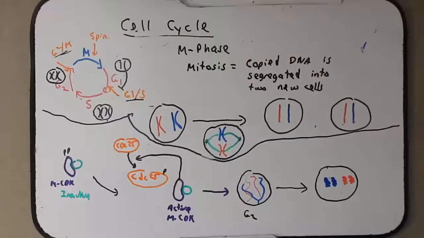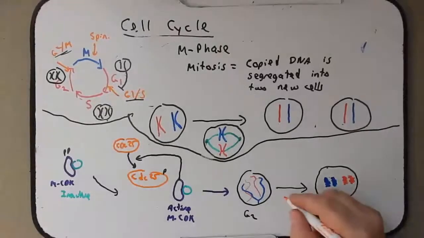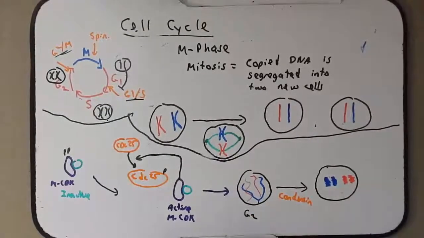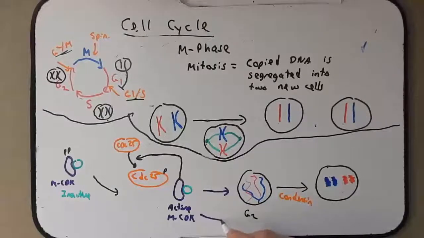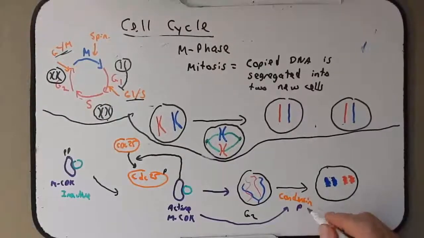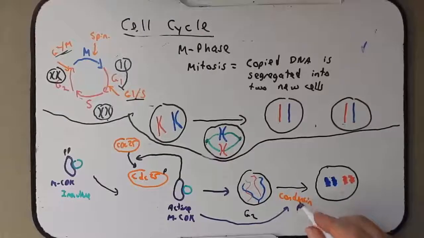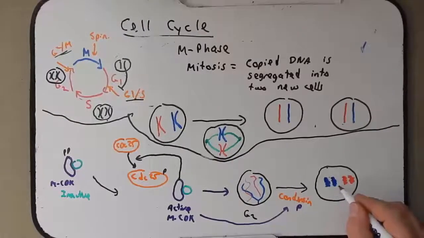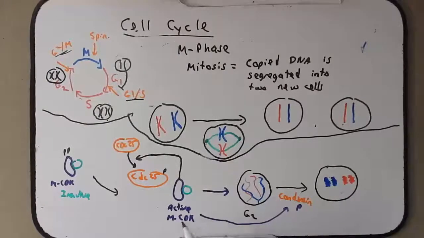And this is caused by a protein called condensin. Condensin is inactive in G2, but in M phase, MCDK will add a phosphate group to it. Adding the phosphate group, it's able to facilitate the condensation of these chromosomes. So active MCDK does several things.